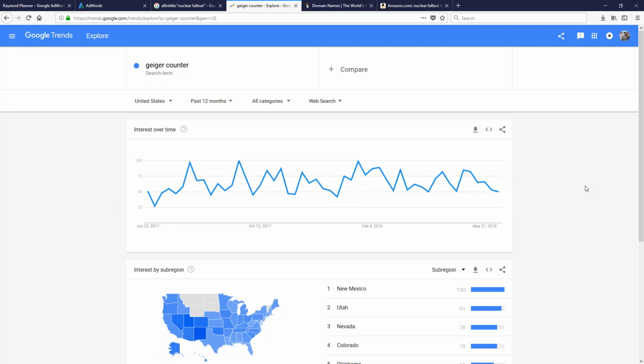Number one, I can find out over the course of a year whether there are seasonal tendencies in this niche. There are a lot of ups and downs that I can see for this search phrase. This is running from June of last year until May of this year, so we're pretty much covering the majority of an entire year here.